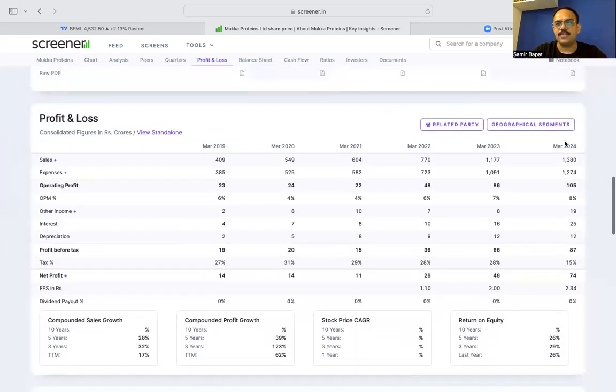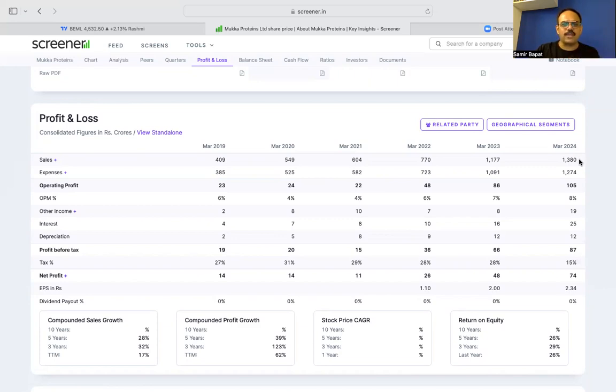And if you see, March 2024, till last year, they are doing 1380 crore rupees business. If someone says in a big news flash that they have got an order of 200 crore for a company which is handling 1400 crore of sales.